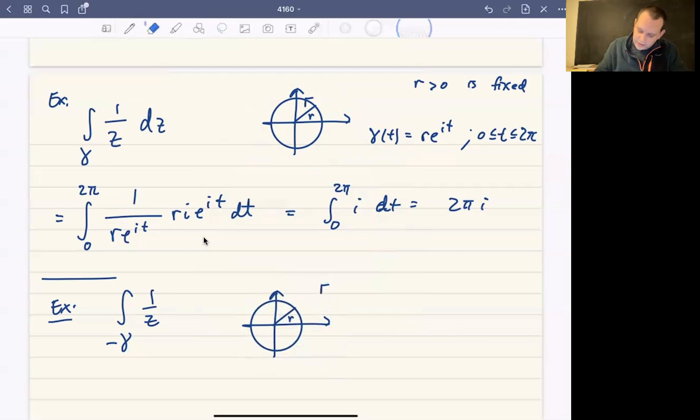I'm sorry, so it's going clockwise. So here gamma is going to be still r e, I guess it'll be to the minus it. And our t is going to go from 0 to 2 pi.